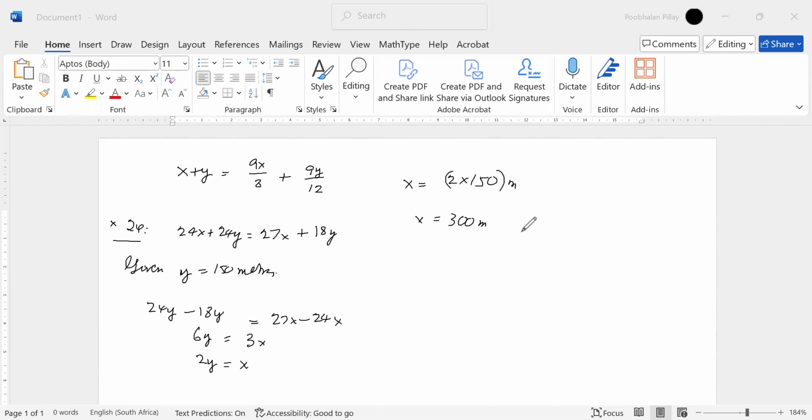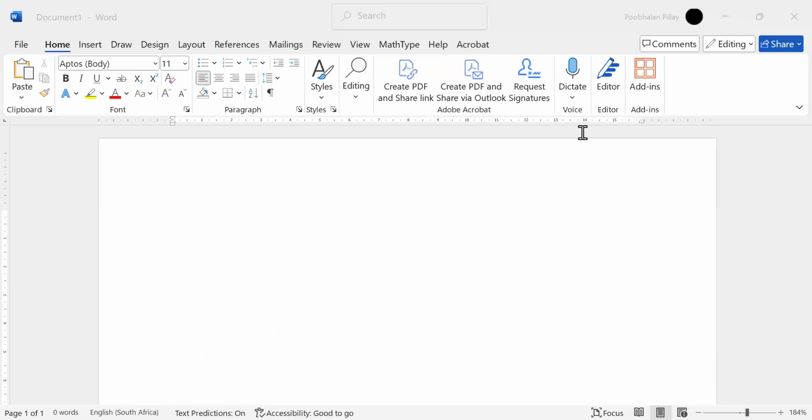And remember, this is the length of the Muizenberg train. I should have looked at the question and I didn't do that. It's very bad of me. Let's just go back. I calculated the length of the Muizenberg train, given the length of the Cape Town train. Let's go back to the question.